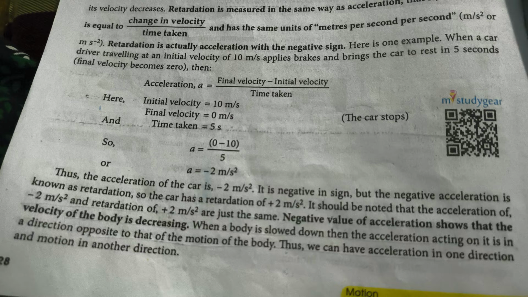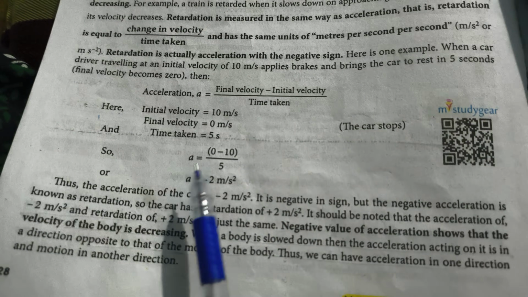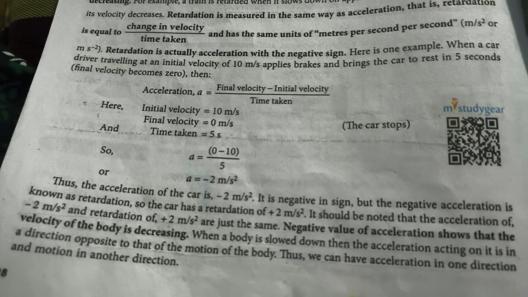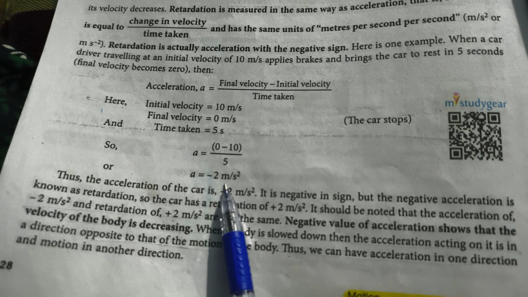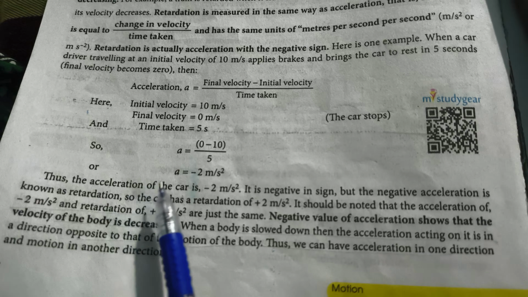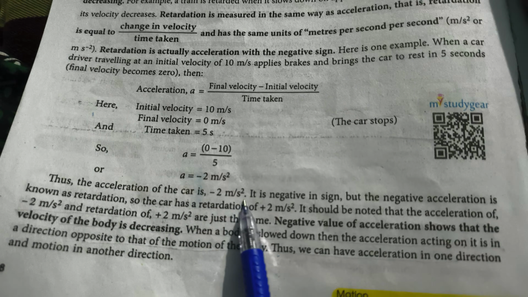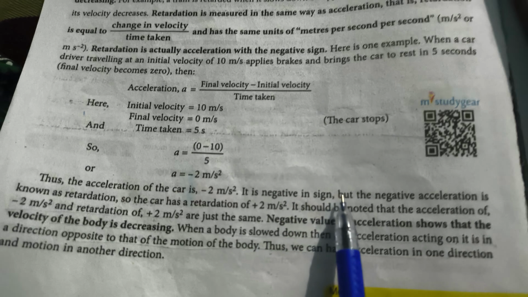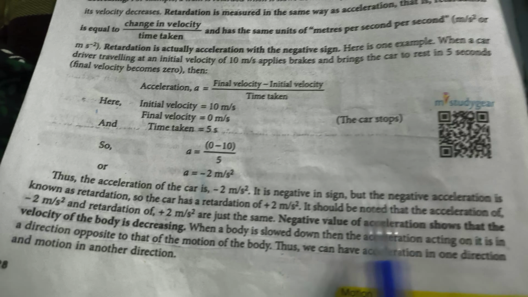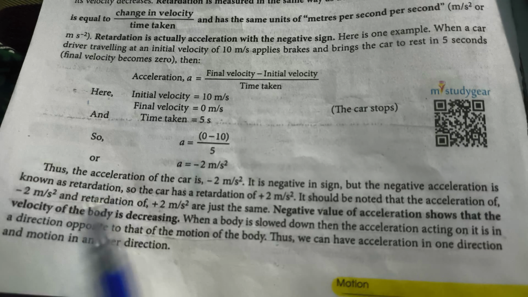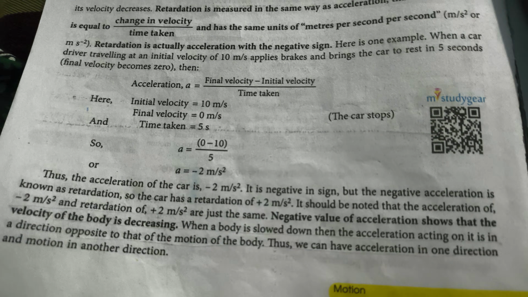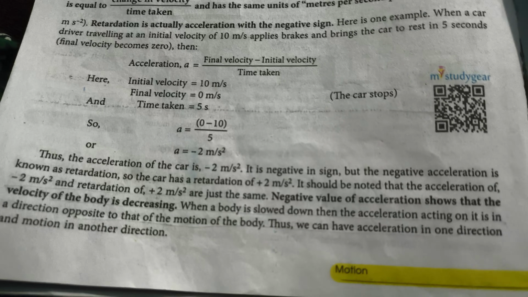So a equals minus 2 meter per second square. Thus the acceleration of the car is minus 2 meter per second square. It is negative in sign, but negative acceleration is known as retardation. So the car has a retardation of plus 2 meter per second square.